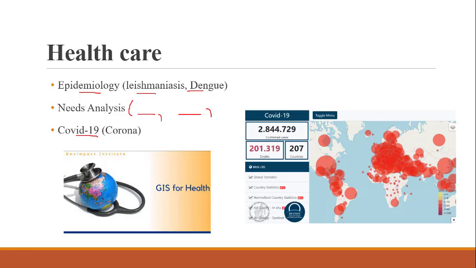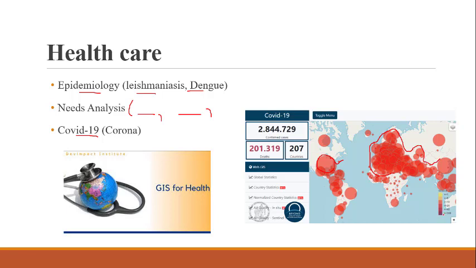You can see here that this spot has a huge radius, and this area can be seen as mostly affected by COVID-19. So it is mapped with the help of GIS.